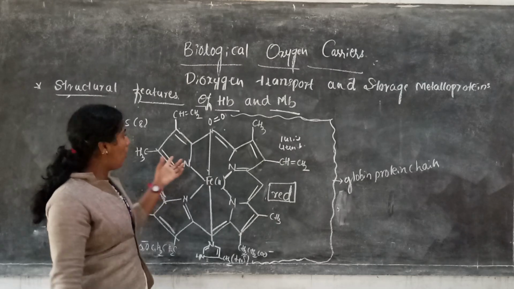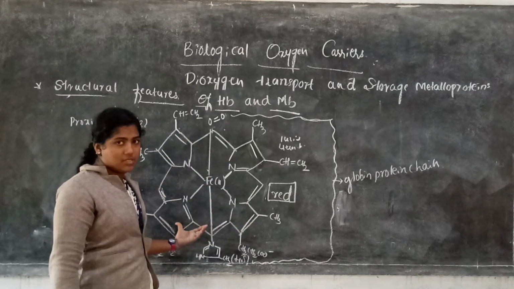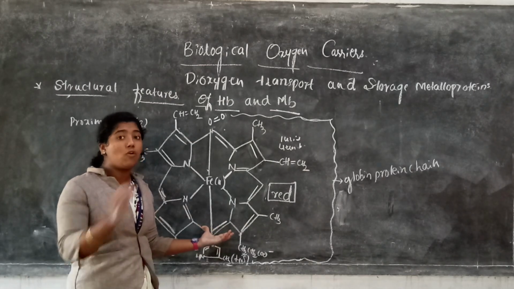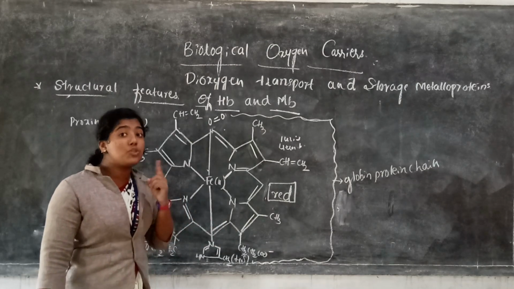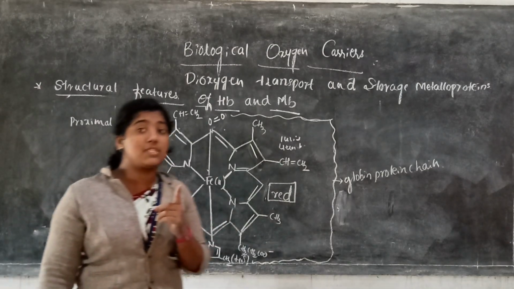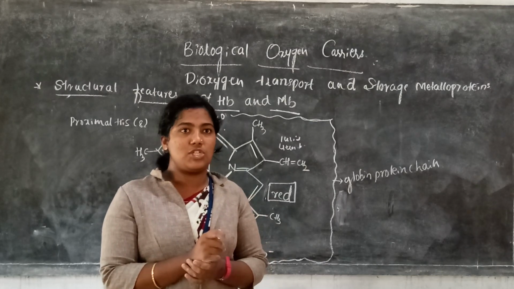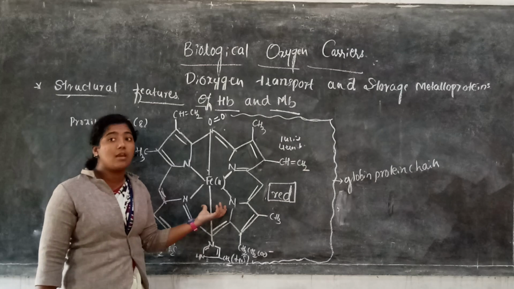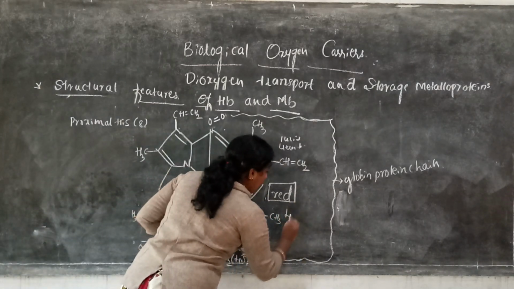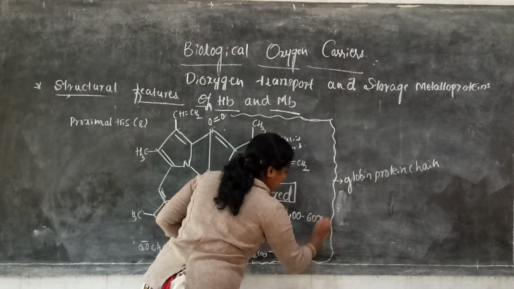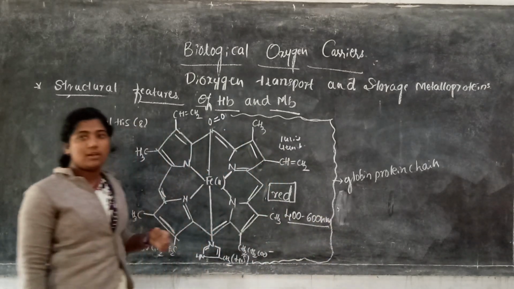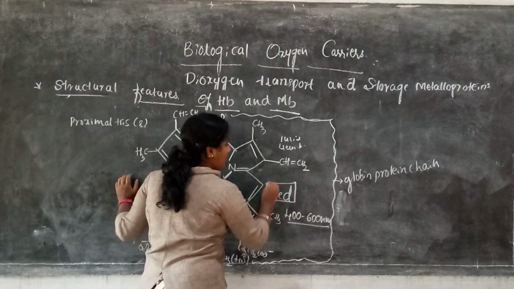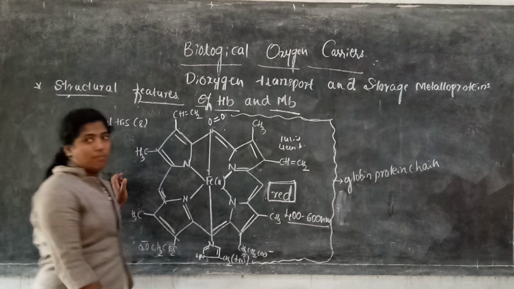We observe conjugated double bonds, which means a pi to pi star transition occurs at nearly 400 to 600 nanometer. That's why it appears red in the oxygenation form.